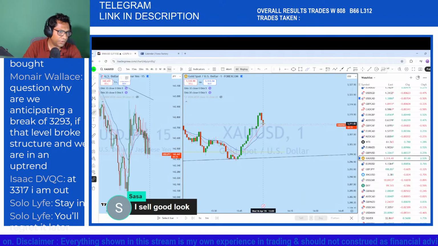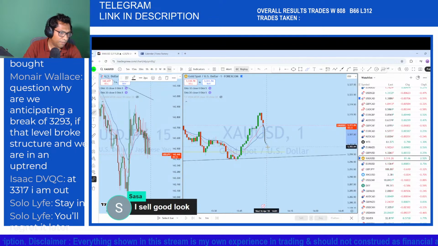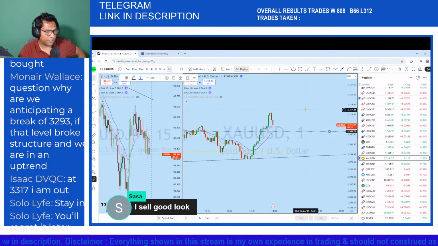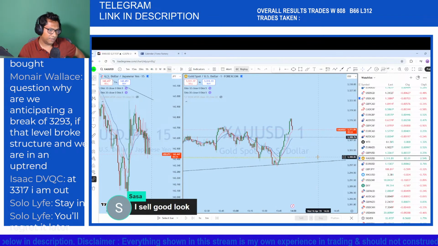So this breakup structure, expecting to come back here from this swing low to break below and then to return again in the major direction here.